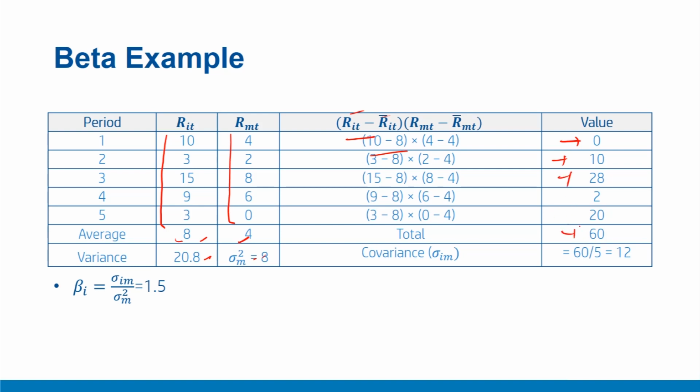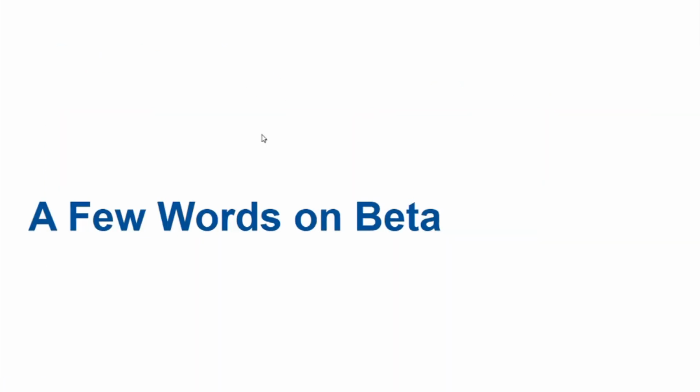When we divide it by 5, we average it out to get the covariance number sigma im, which is 12. Now the beta is nothing but the ratio of this 12 divided by 8. So 12 upon 8, 1.5. This is my beta for the returns that are given here. So this is how we compute beta for any security where returns for the security and returns on the market are given to us.